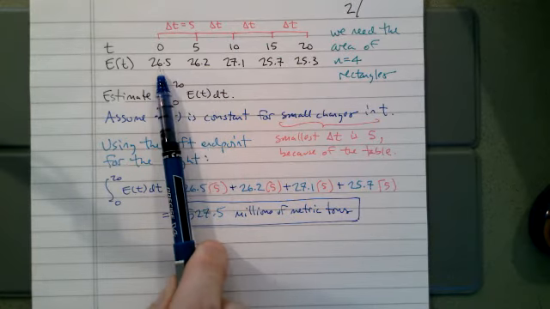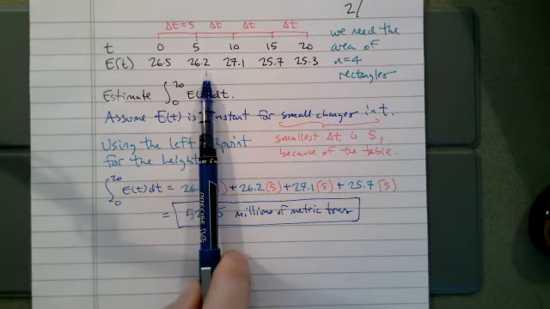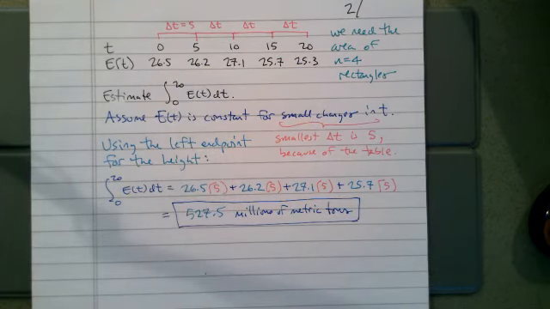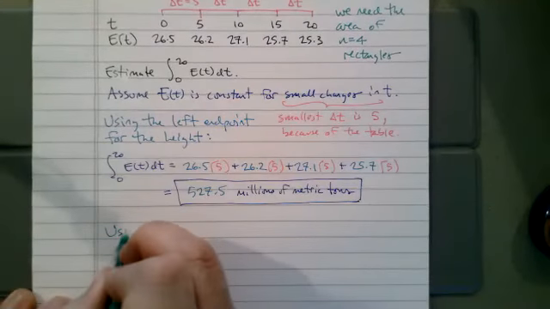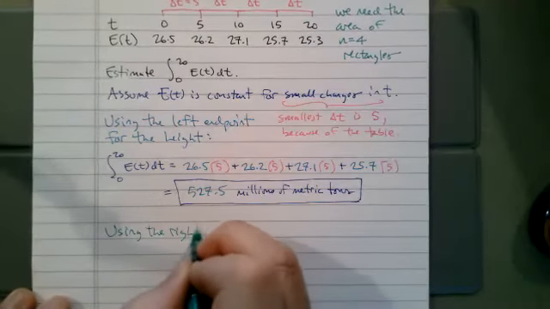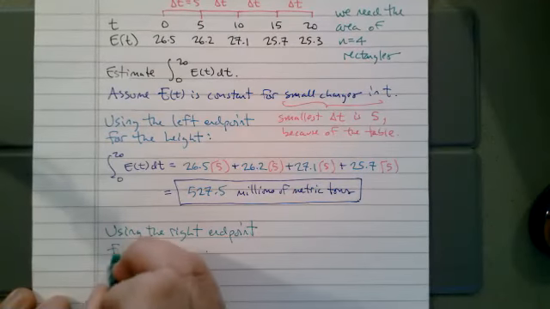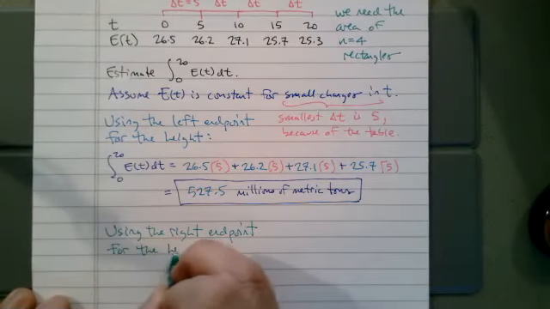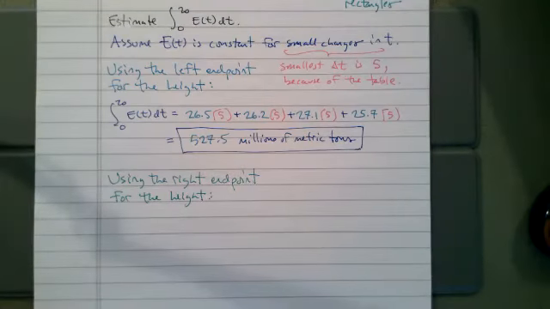But maybe immediately after it was 26.5, it dropped down to 26.2 and it was 26.2 for 1970 to 1975. So let's use the right endpoint for the height.